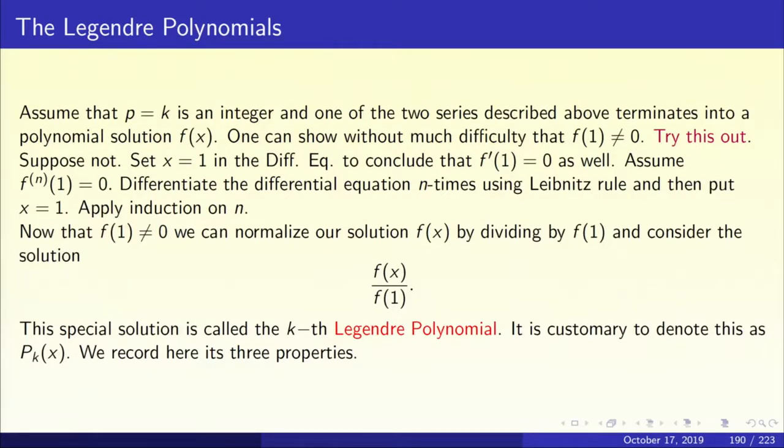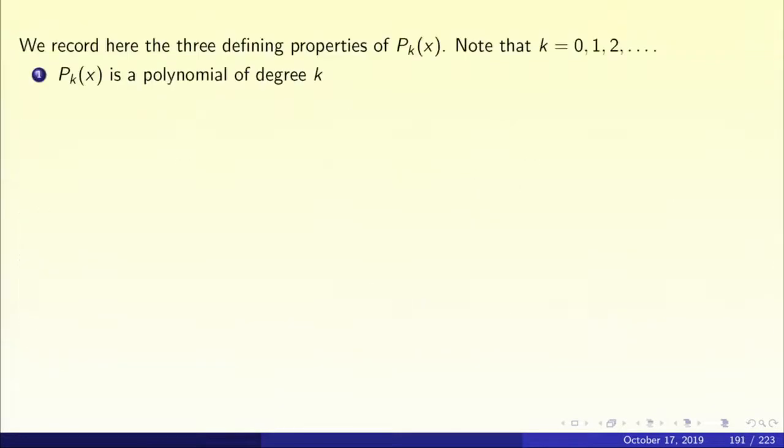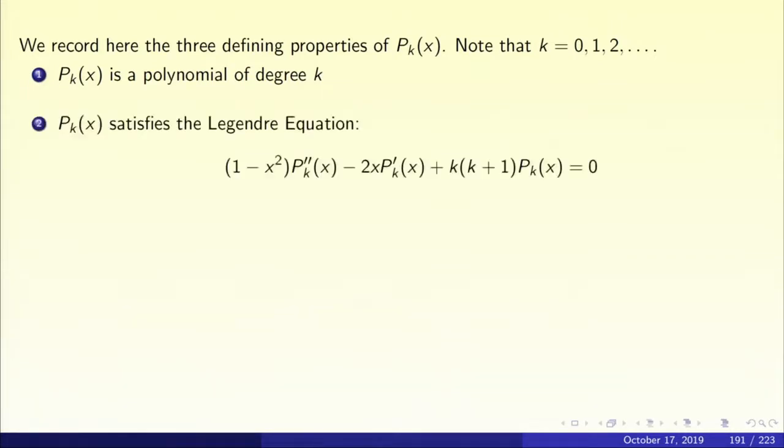So let us record the properties of pk of x. The first observation is that pk of x is a polynomial of degree k, as I already explained. Then pk of x obviously satisfies the differential equation. So it satisfies the Legendre equation, 1 minus x squared pk double prime minus 2x pk prime plus k into k plus 1 pk equal to 0.